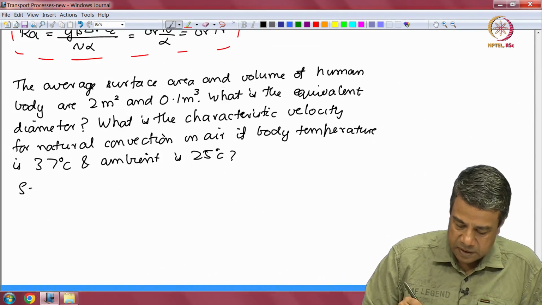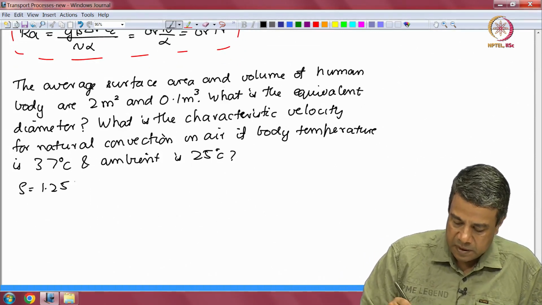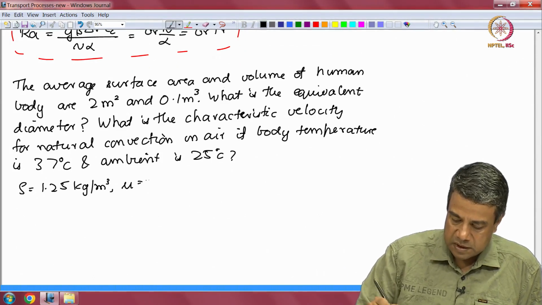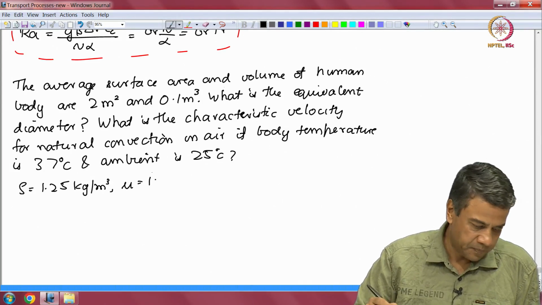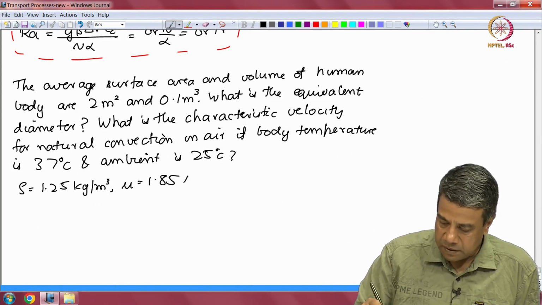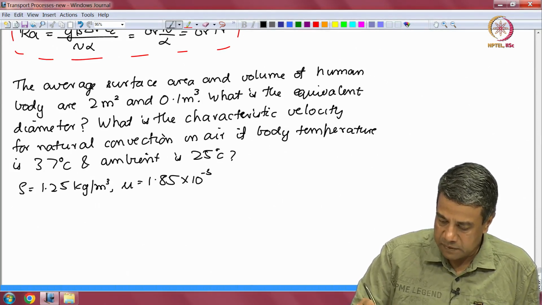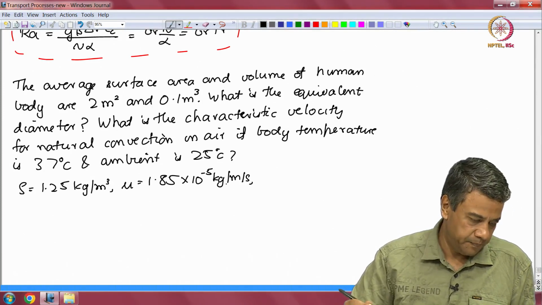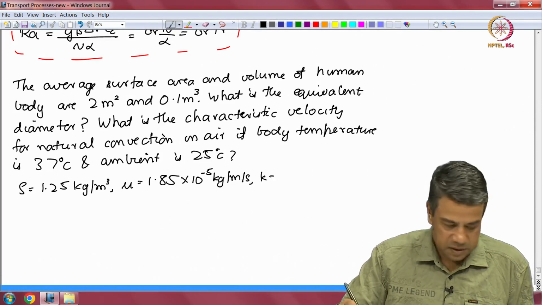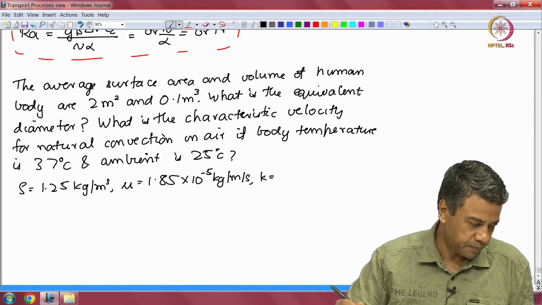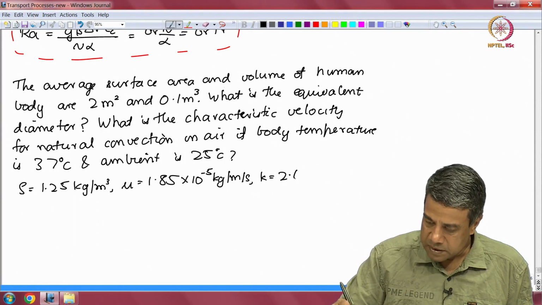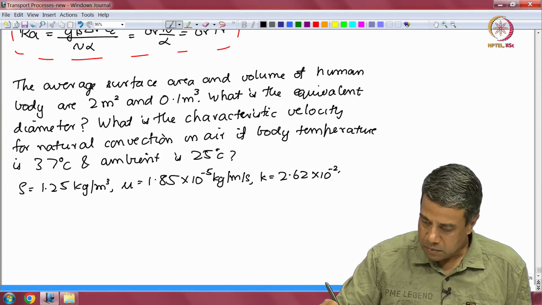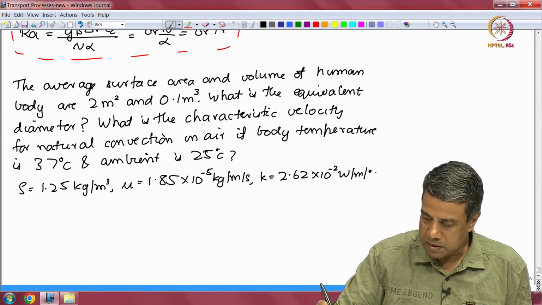The density of air is equal to 1.25 kg per meter cubed. Viscosity is equal to 1.85 into 10 power minus 5 kg per meter per second. Thermal conductivity is equal to 2.62 into 10 power minus 2 watts per meter per degree centigrade.